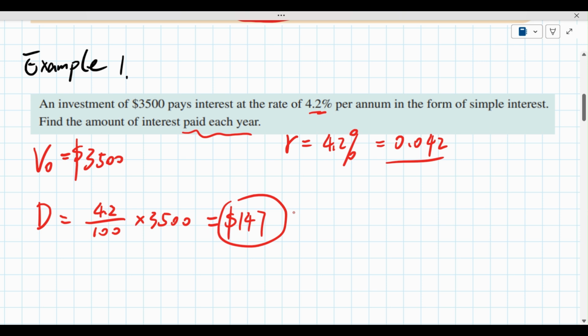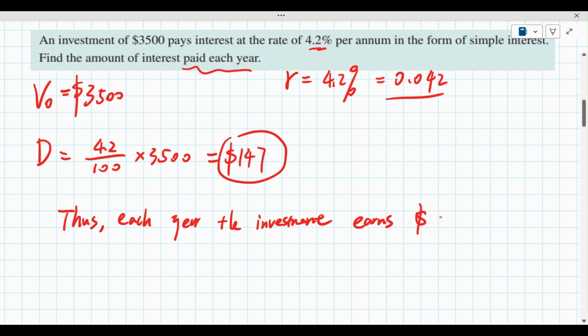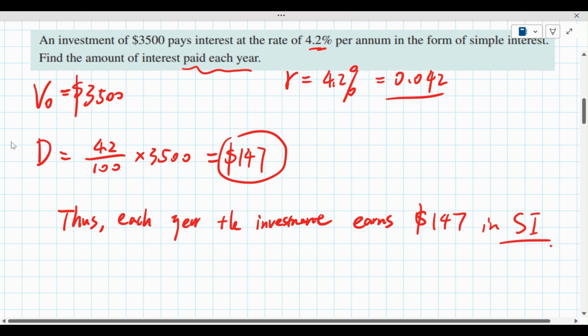Perfect, that's your D. So each year the investment earns $147 in simple interest.